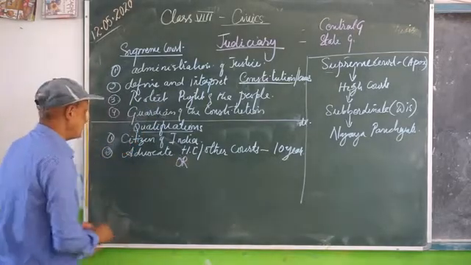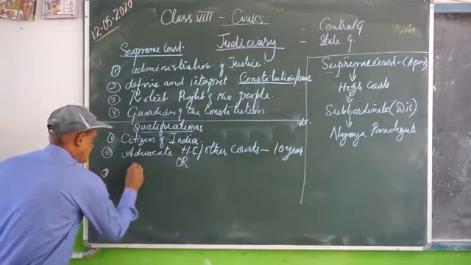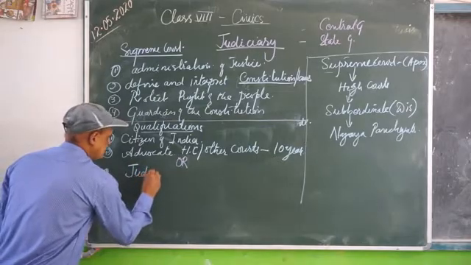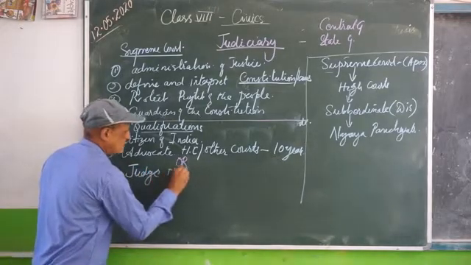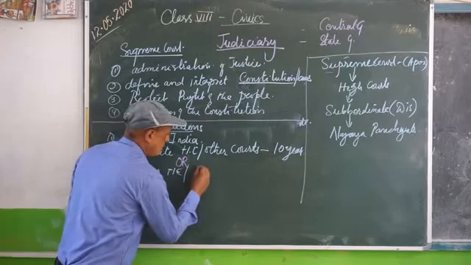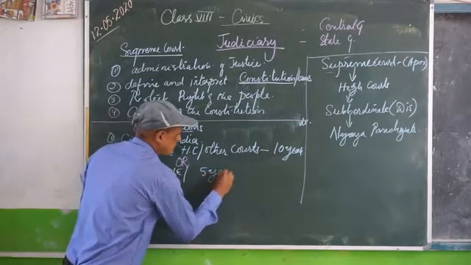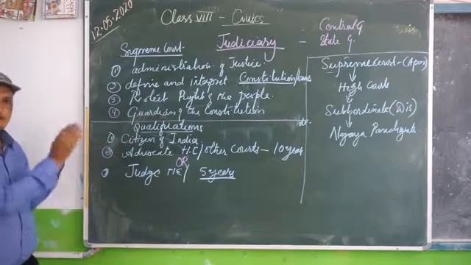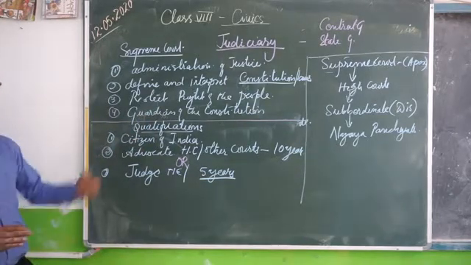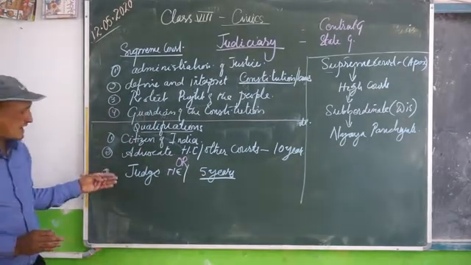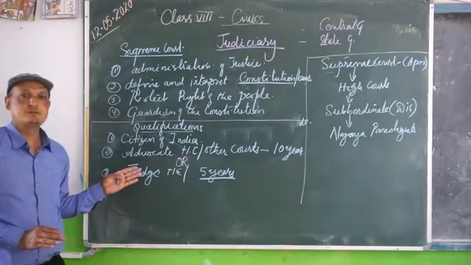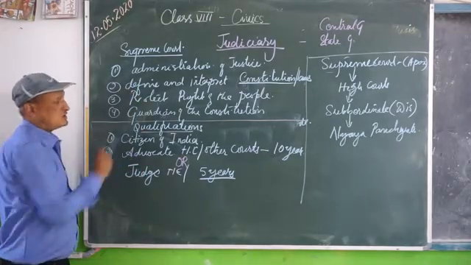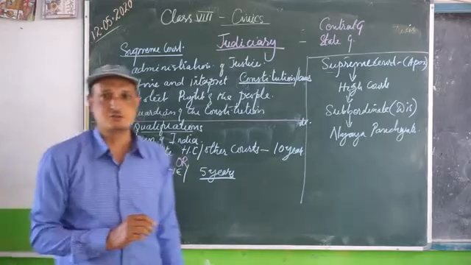If not, then he or she should have been a judge of a high court for a period of 5 years. So these are the qualifications required in order to become a judge or the Chief Justice of the Supreme Court.